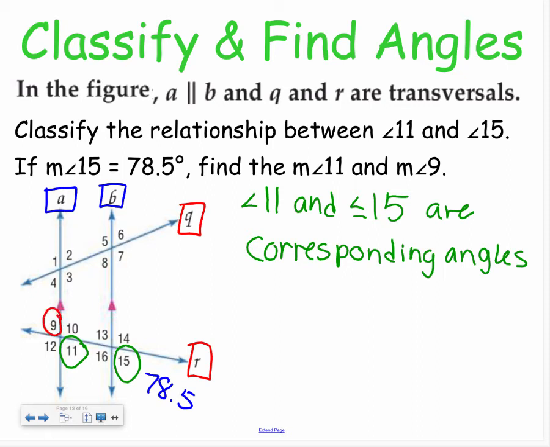Using what we wrote down in the vocab about corresponding angles, we know that those are congruent, meaning that the measure of angle 11 is also equal to 78.5 degrees.